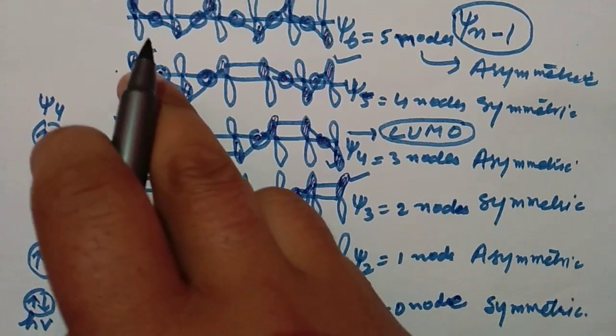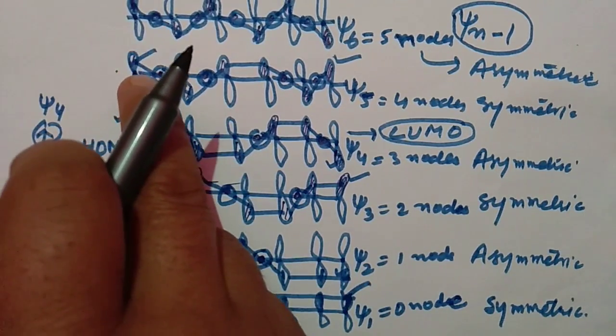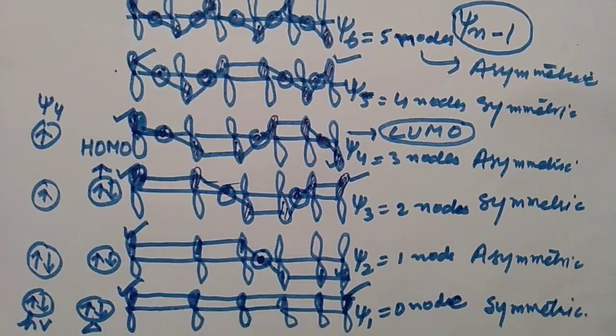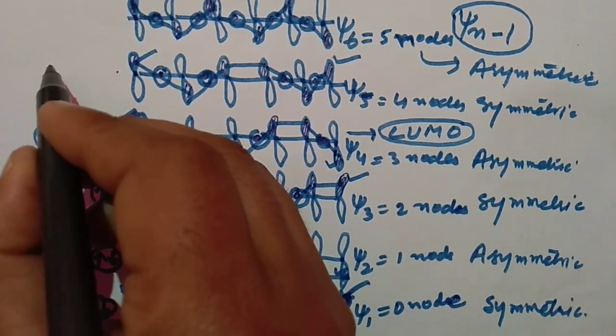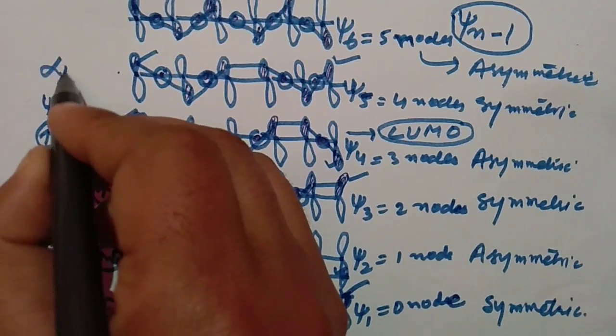Now in this case these two orbitals don't have any electrons. So for photochemical reactions psi 5 is LUMO.